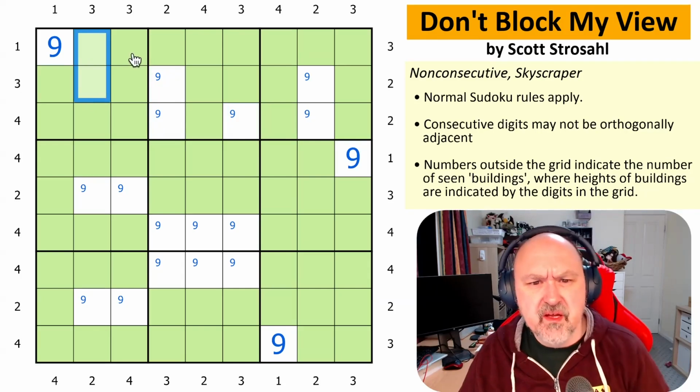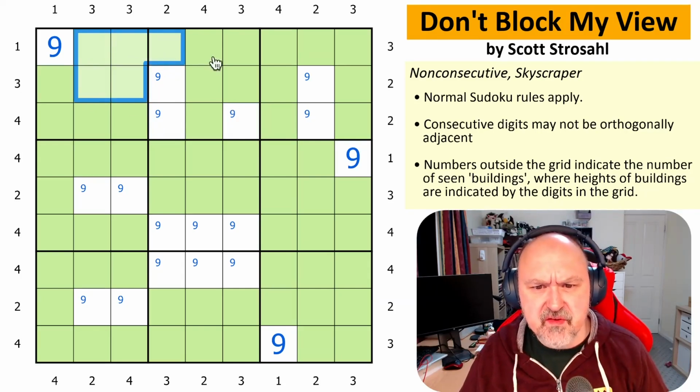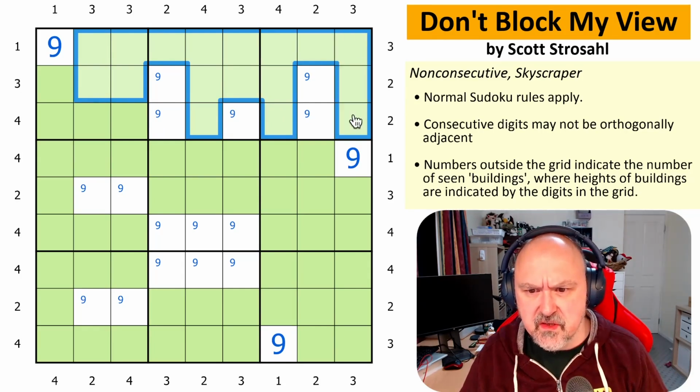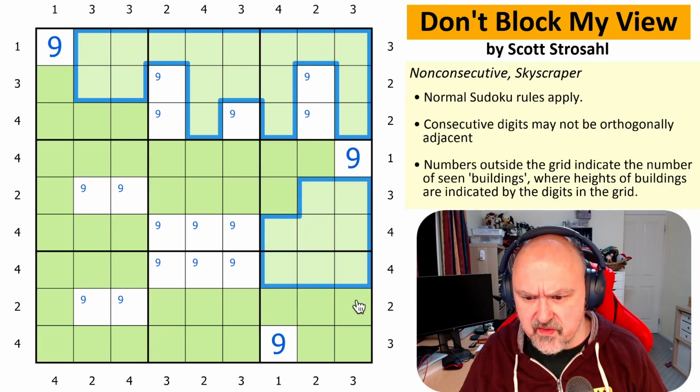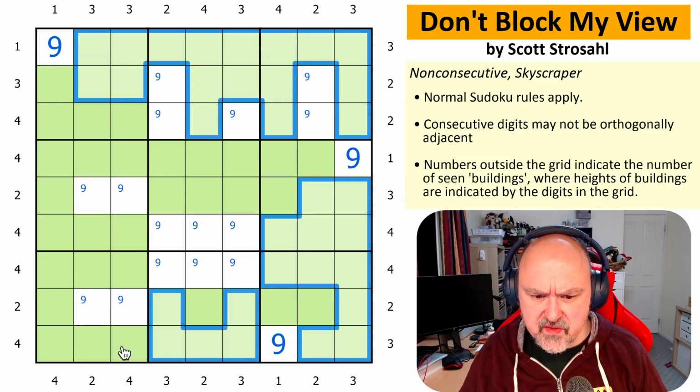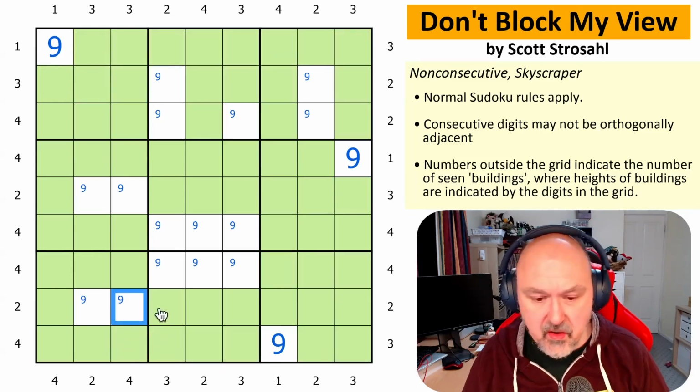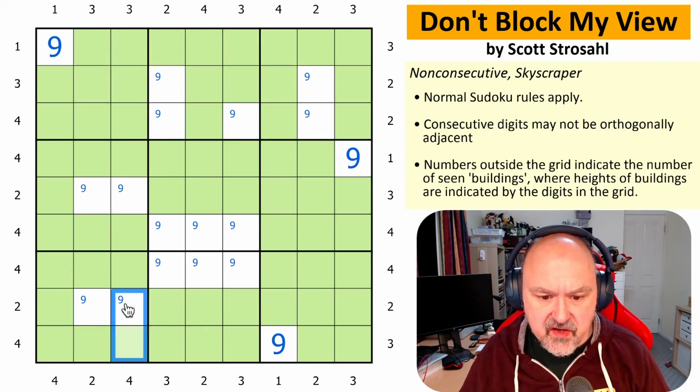Because I can only eliminate the first 2 there, the first 1 there, first 3, first 2, and so on, and I'm ignoring the Sudoku stuff. That can't be a 9. Because if that's a 9, I don't get the 4 clue.